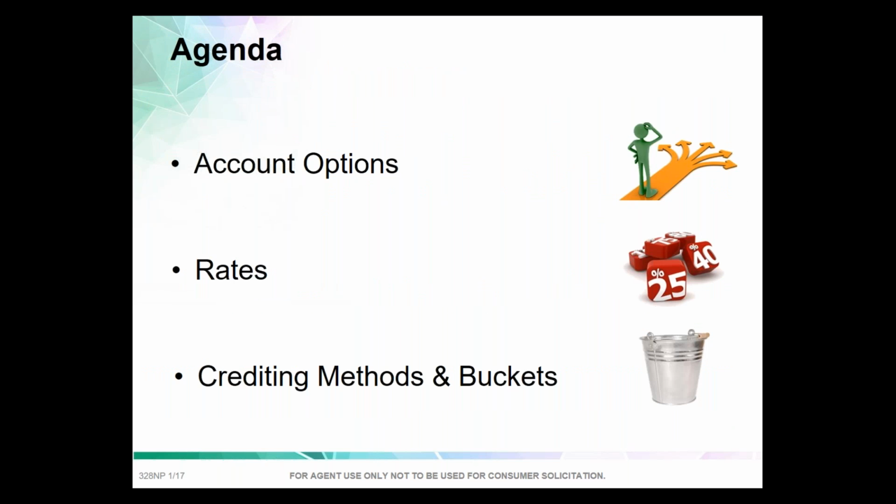Today we're going to be talking about account options. We'll talk a little bit about rates, and we'll be talking about crediting methods and buckets. Again, this is mostly the terms, understanding what caps and pars and things of that nature are. This is not going to get into the detail of how companies provide index credits.